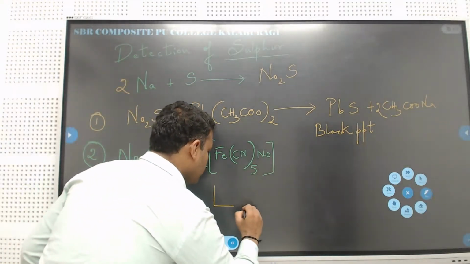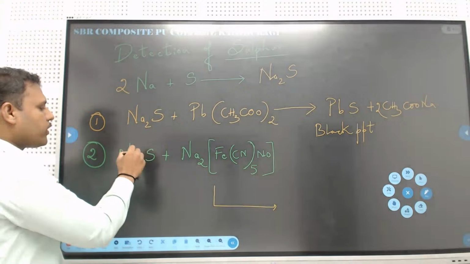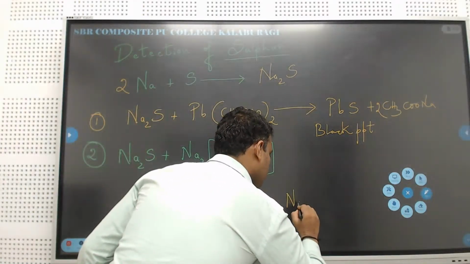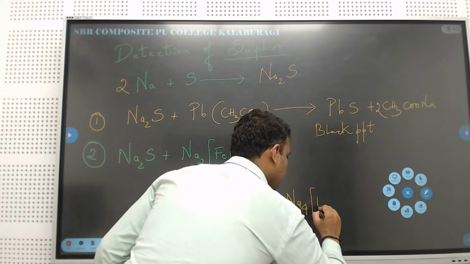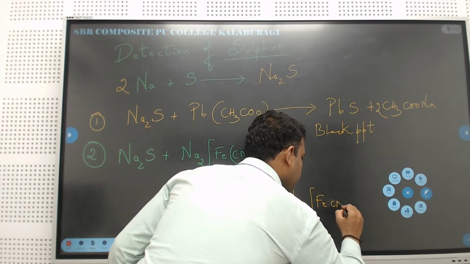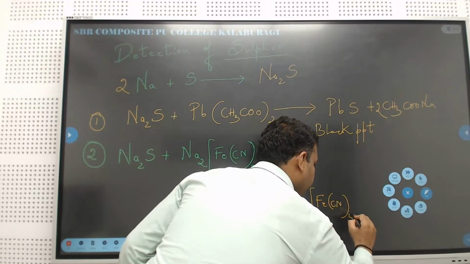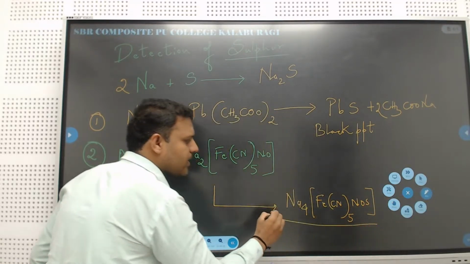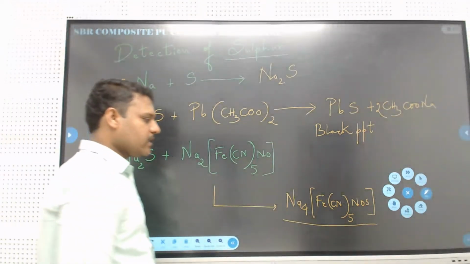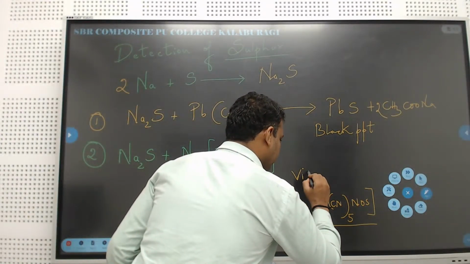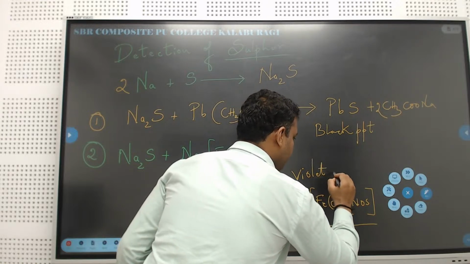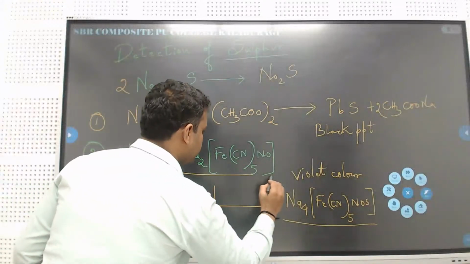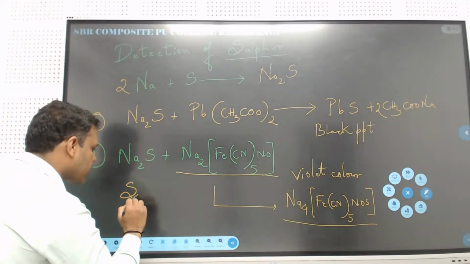So by the addition of sodium nitroprusside to the sodium fusion extract containing sulfur, we will get Na4[Fe(CN)5NOS]. Formation of this compound is indicated by appearance of violet color. Appearance of a violet color. So this reagent is termed as sodium nitroprusside.